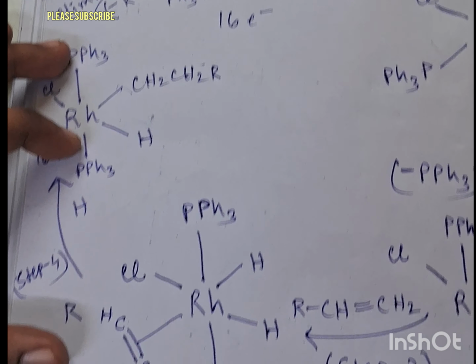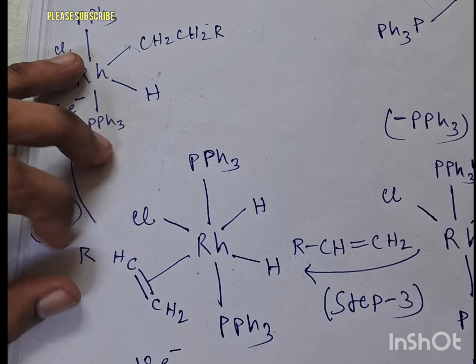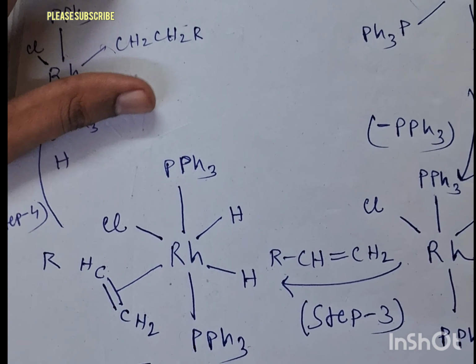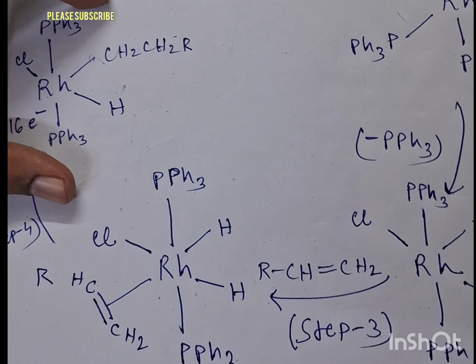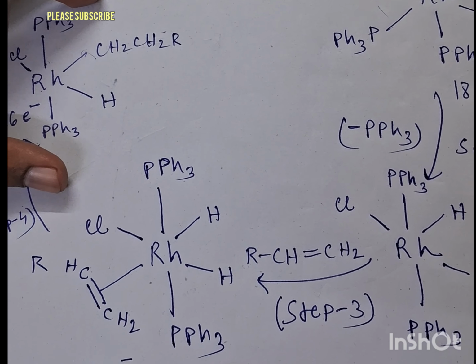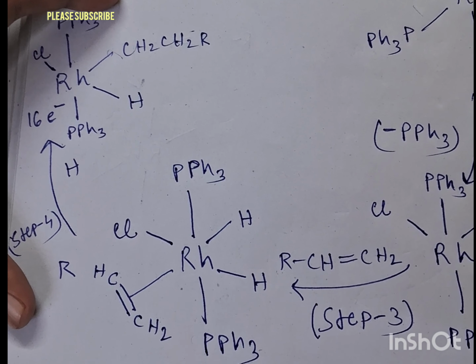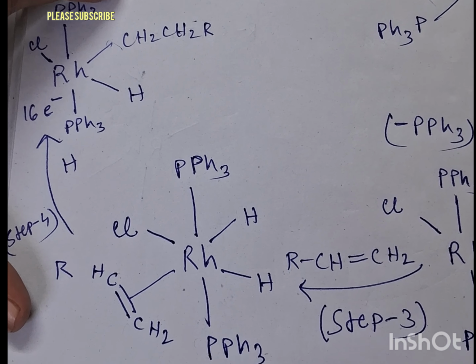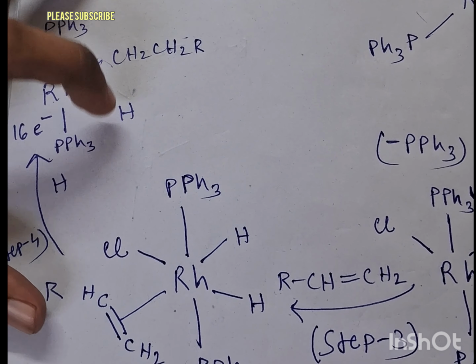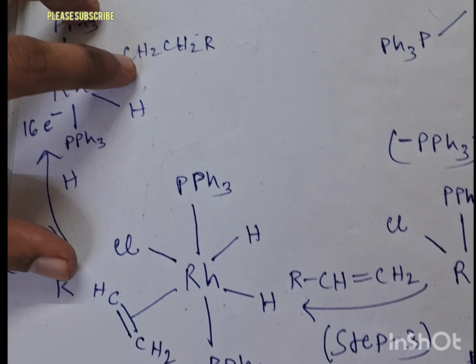And here migratory insertion takes place, because here two hydrogens are present in this case, so between the two, one of them undergoes migratory insertion and coordinates to the unsaturated carbon of the alkene and forms this type of alkyl group.